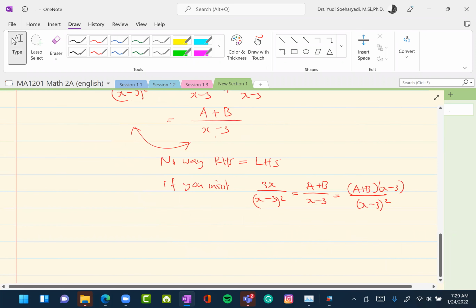And you see, just as the one we did above, now we have a plus b, because this is a plus b times x, right? So this should equal 3. And then negative 3a plus b equals 0.